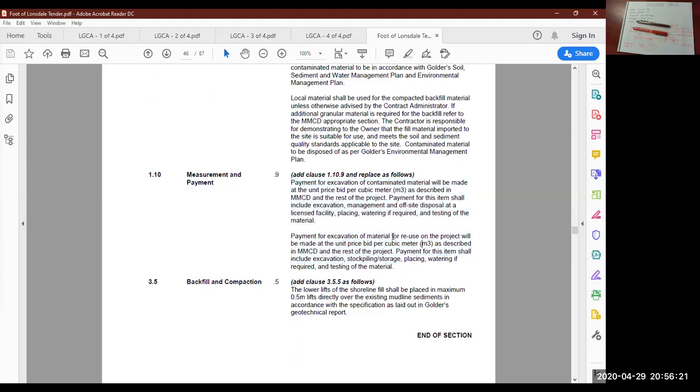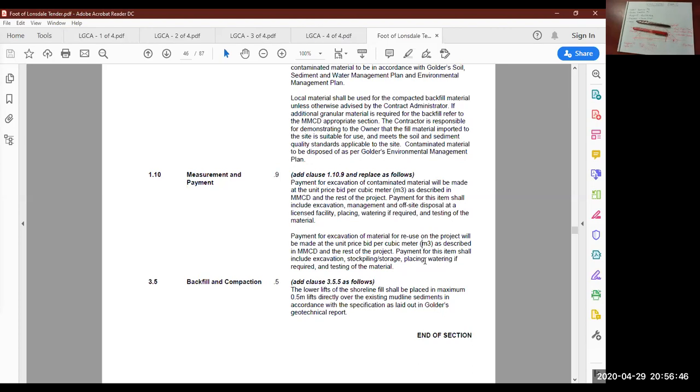Payment for excavation of material for reuse on the project will be made at the unit price bid per cubic meter as described in the MMCD and the rest of this project. Payment for this item includes excavation, any stockpiling that you need to do, replacement, watering, and testing.